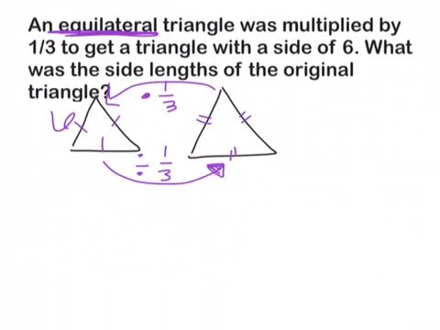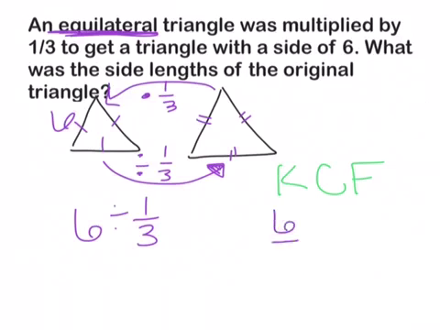And this is why we went over dividing fractions. We said to do that, we're going to have to keep, change, flip. So we have 6 divided by 1/3. If I keep, change, flip this, I'm going to keep the first fraction, which is a plain 6, but I know that's 6 over 1.